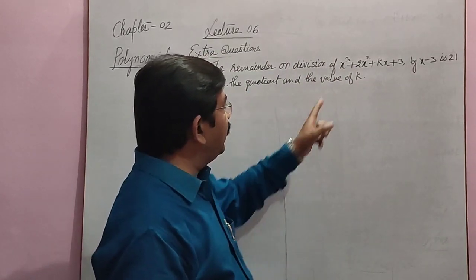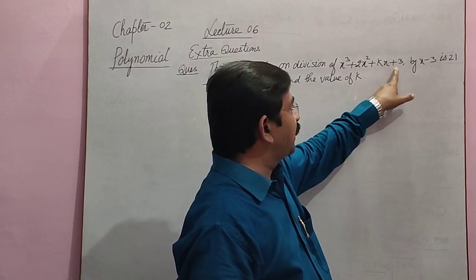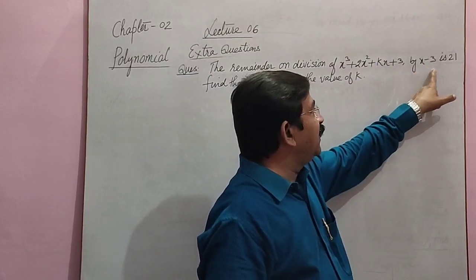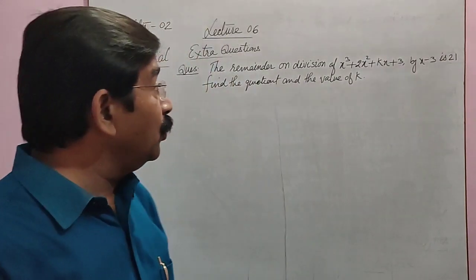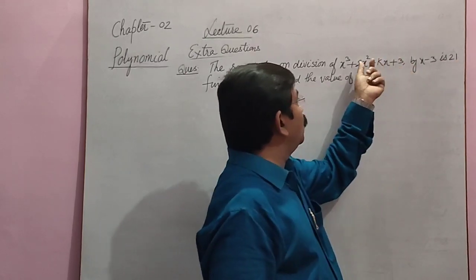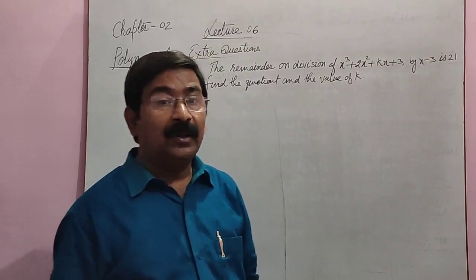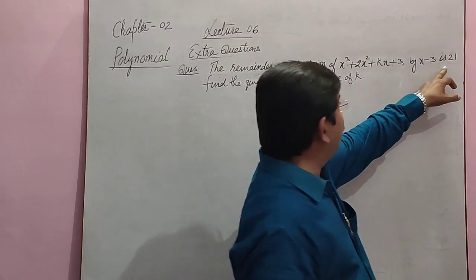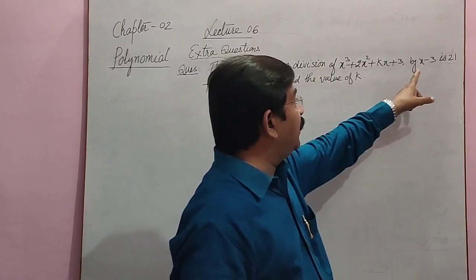Means when we divide this polynomial x cube plus 2x square plus kx plus 3 by x minus 3, remainder is 21. So it means this polynomial is exceeding by this number. If this 21 is not there in this polynomial, it could be divided by x minus 3 exactly.